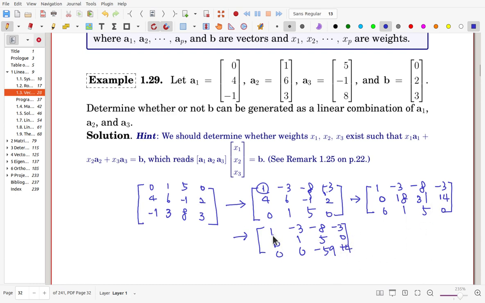So this is a pivot, and the leading entry in the third row is again a pivot.